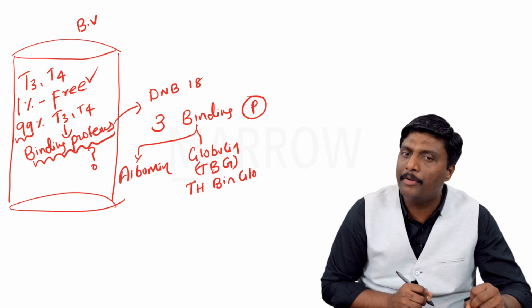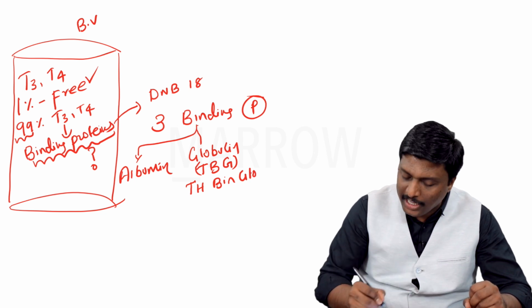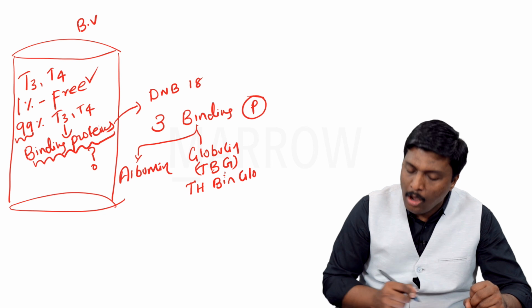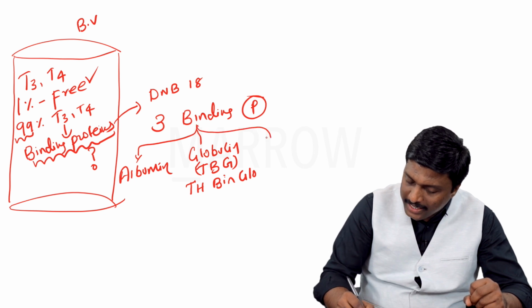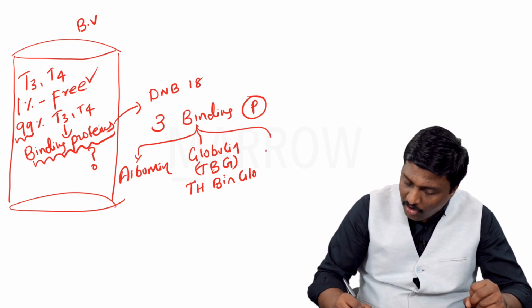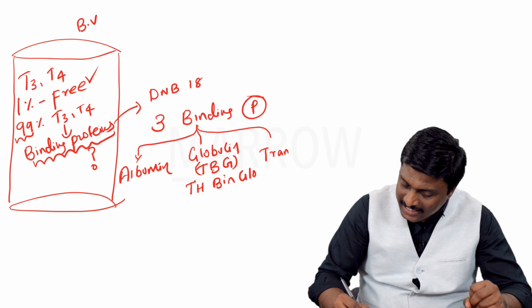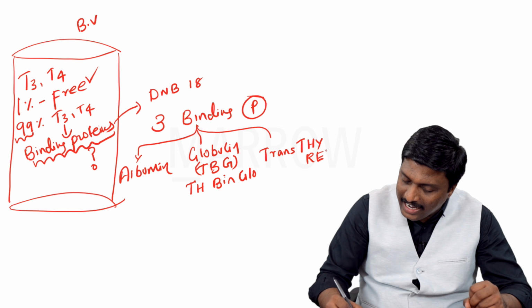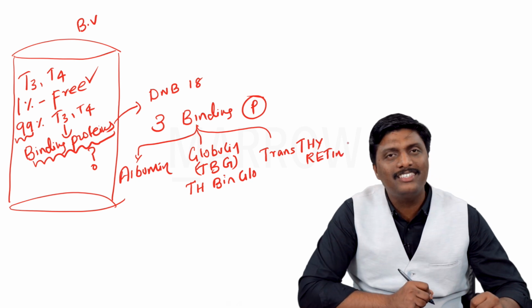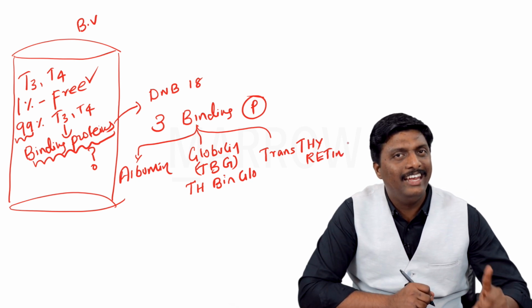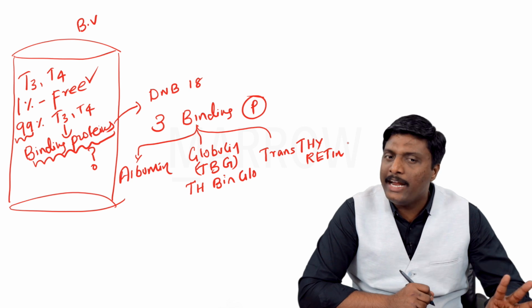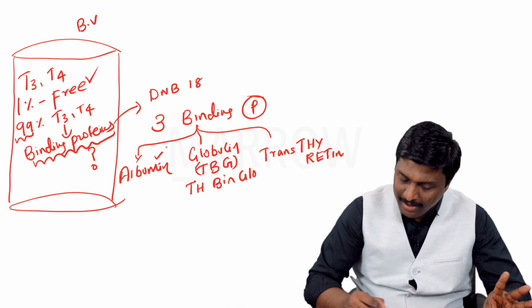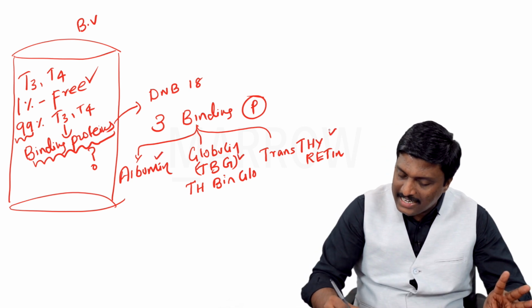That's all. Very important. Only one last form, a recently discovered form. This form is called transthyretin. Kindly make a note. There are 3 binding proteins: albumin, thyroid binding globulin, transthyretin.